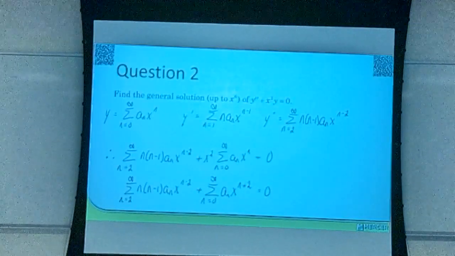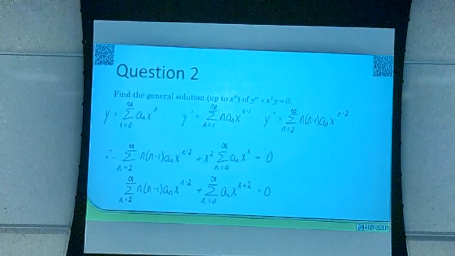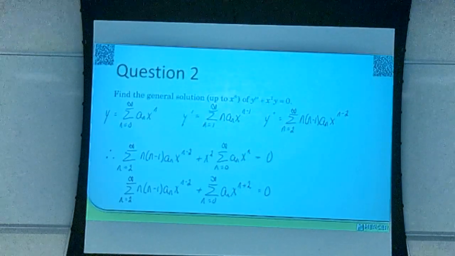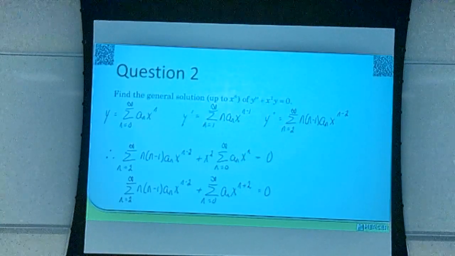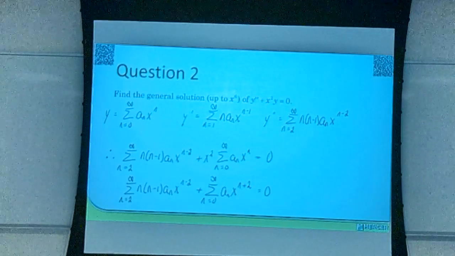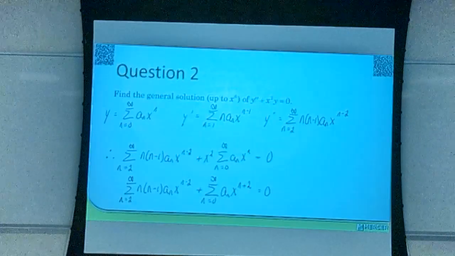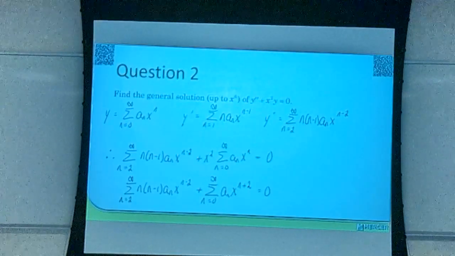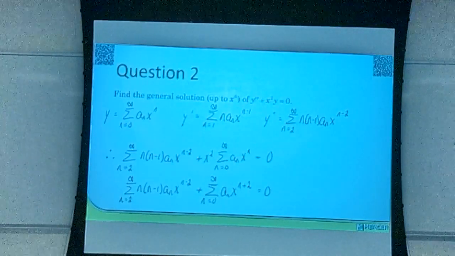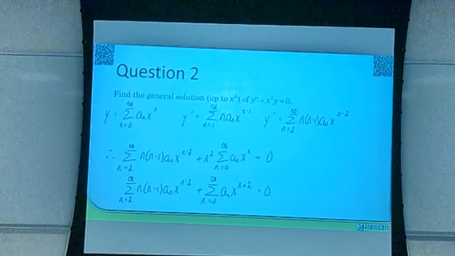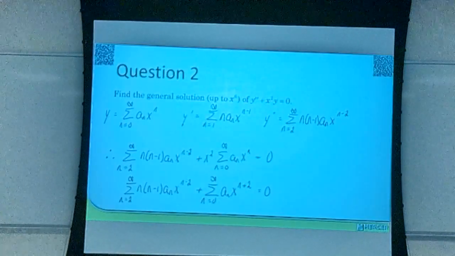To make that first term x to the n, just shift the index down by 2 units. Which means wherever there's an n, you're replacing it with n plus 2, right?